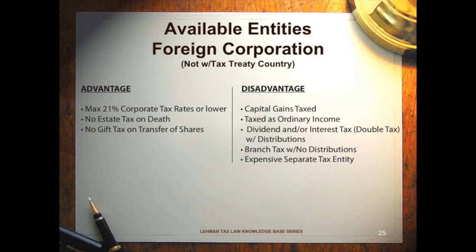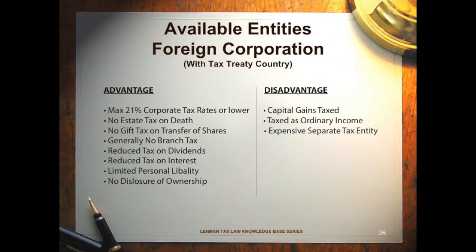Now, the next type of entity that one would use is also a foreign corporation, but here it will be a foreign corporation in a country that we have a treaty with.